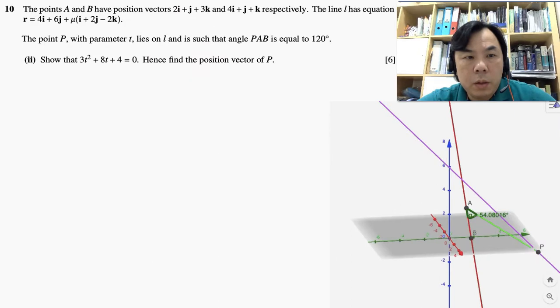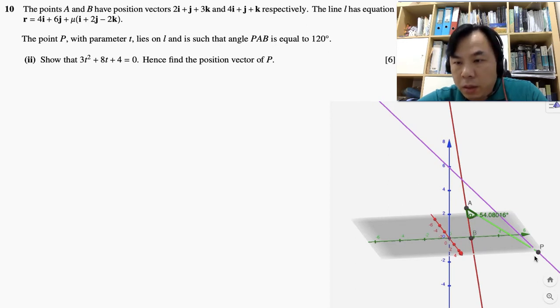All right, let's take a look at the second section of this question. We have a point P based on this diagram. You can see that we have a point P with a parameter t. This parameter basically refers to this mu here. A point P is on the line L and it's such that angle PAB is equal to 120.